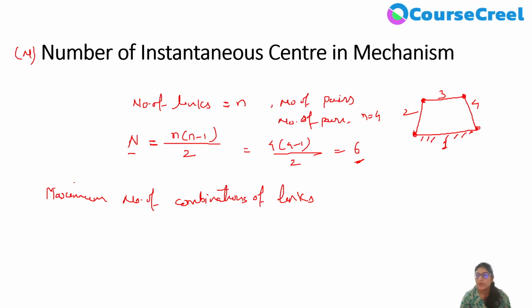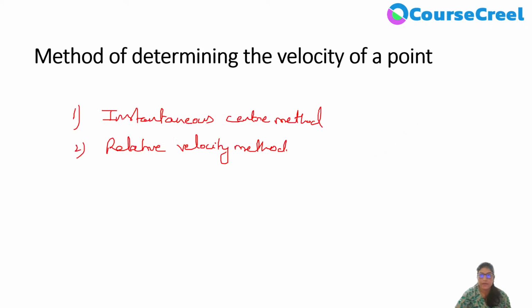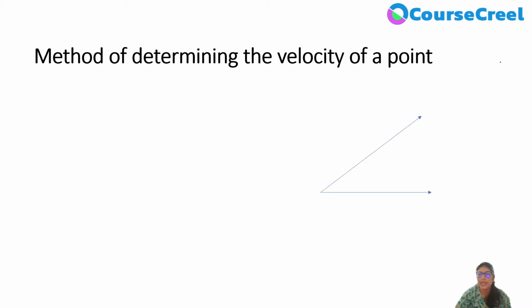But here first I will discuss this point. As we saw here, the method of determining the velocity of a point. So the velocity of a point on a link, basically we are going to define on a link, and simultaneously we will define the velocity of the instantaneous point, the instantaneous center of a link which is having different velocity at different ends or different points.